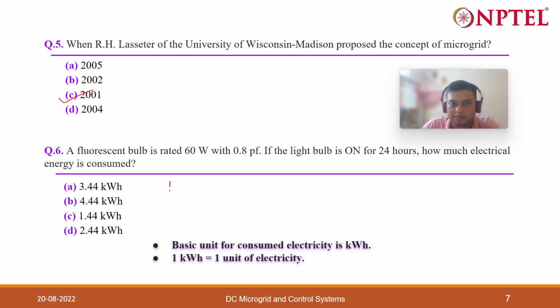So its rated power is given as 60 watt and the power factor is given as 0.8, and this light bulb is on for 24 hours. How much electrical energy is consumed? You have to calculate.